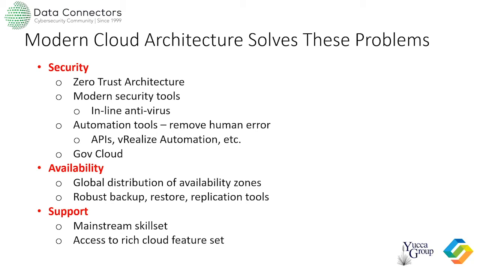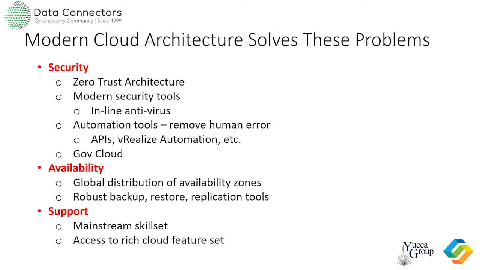Certainly, modern security tools. One of the ones that tickles me is inline antivirus scanning, so that we can apply antivirus protection to systems that wasn't possible before, which is really fun, I think. And many other tools that provide similar security functionality that just isn't available in the legacy realm.